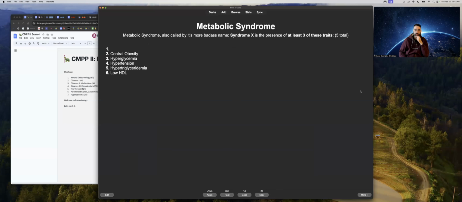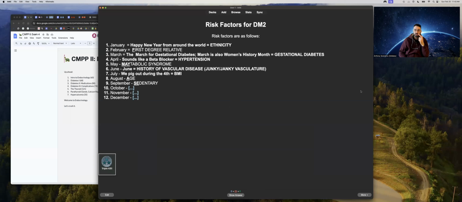We already named them. I'm not going to name them again. October, PCOS. November, glucose intolerance. And December is dyslipidemia.